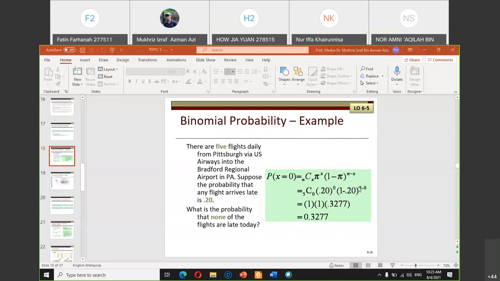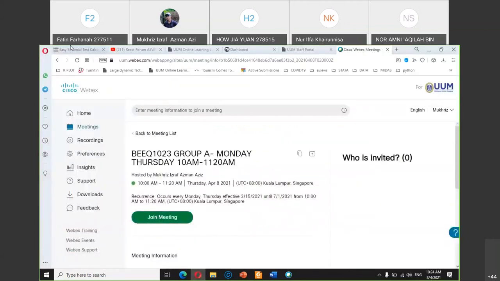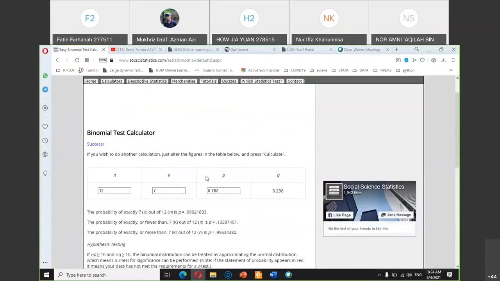Our n is 5, the number of trials just now, minus 0, so this part is basically 5 minus 0. You solve for that and you get the probability of 0 flights arriving late as 0.3277.